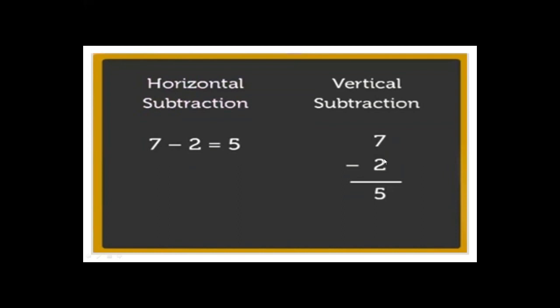After subtracting the two numbers, we get the answer, and we write this answer downward of the numbers. So this is called vertical subtraction. This is the way of vertical subtraction and the other way is called horizontal.